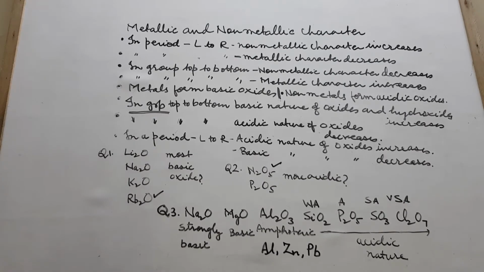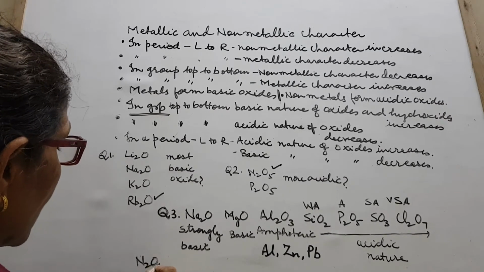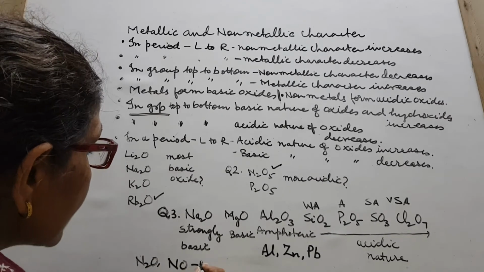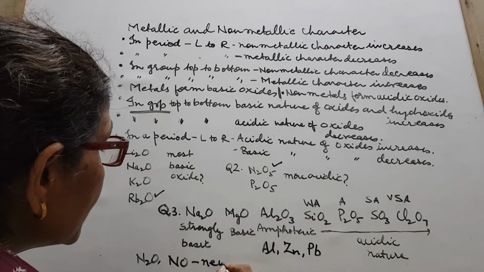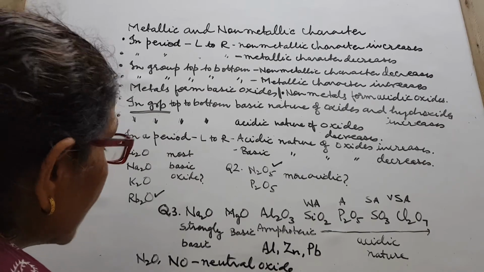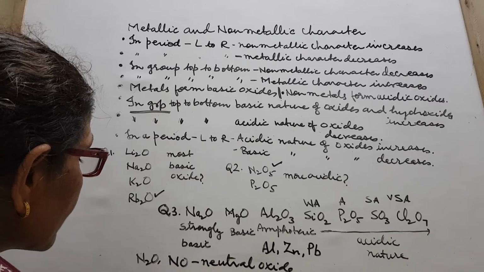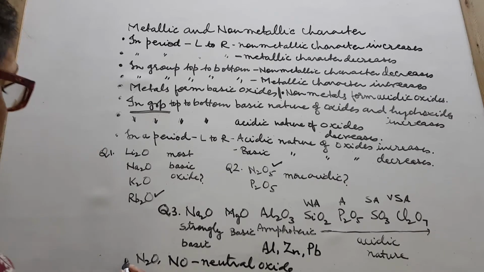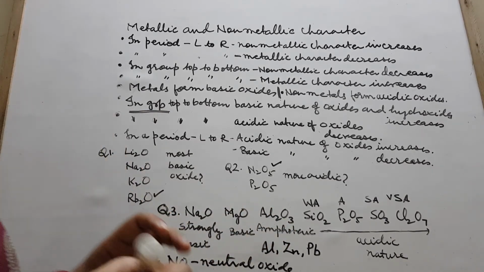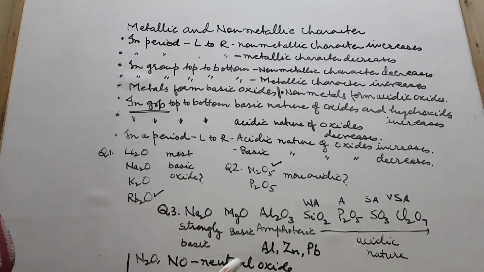Like I'll tell you, we have N2O and NO. These are neutral oxides, right? And some other neutral oxides are like H2O and CO. These are also neutral oxides. So these are non-metallic oxides but neutral oxides. And your Al2O3 as well as oxides of Zn and Pb, they are also amphoteric in nature.